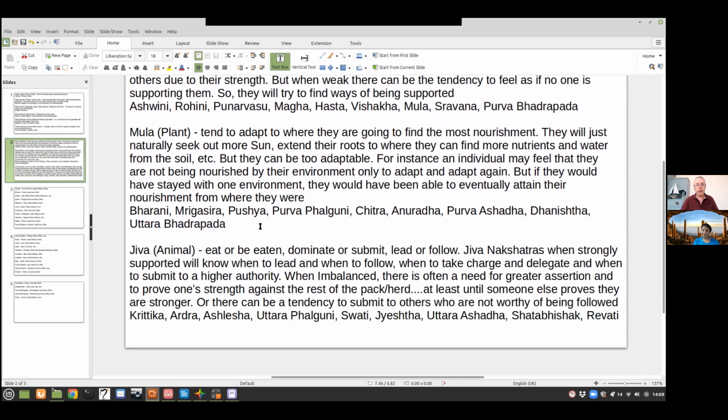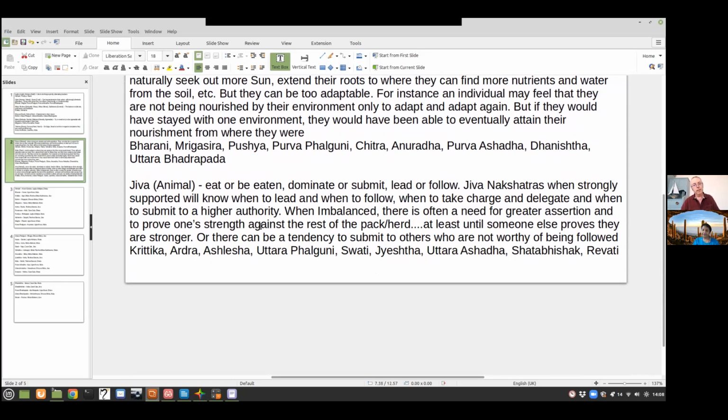So the animal kingdom, the lesson of the animal kingdom is the law of the jungle. I always like to tell people, it's eat or be eaten, dominate or submit, lead or follow. So animal nakshatras are learning lessons about assertiveness, when to be assertive and when to be more passive, when to lead and when to follow, when to take charge and delegate, and when to submit to a higher authority.